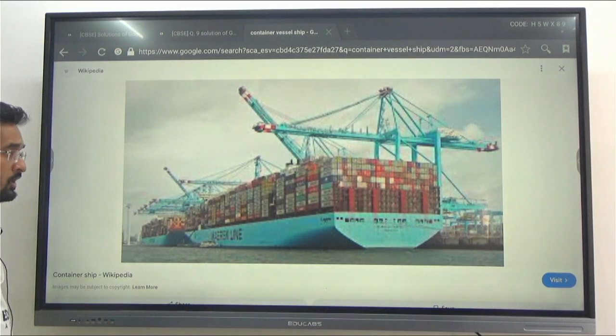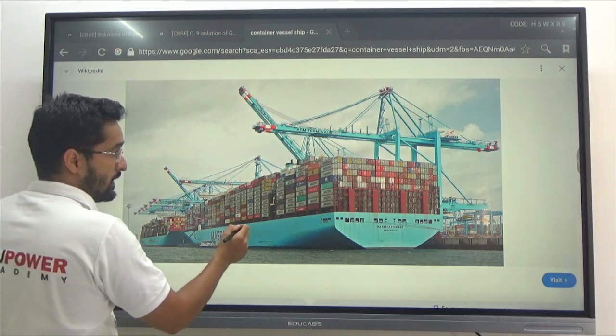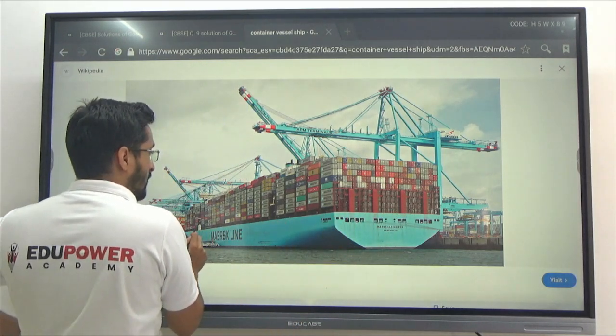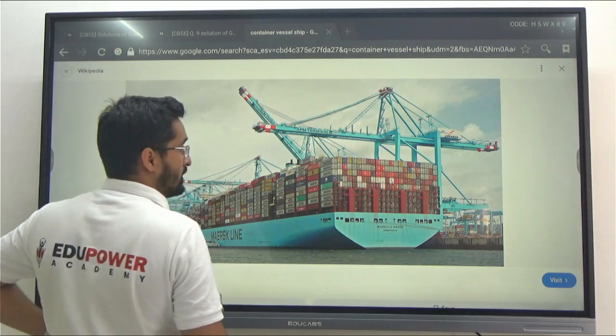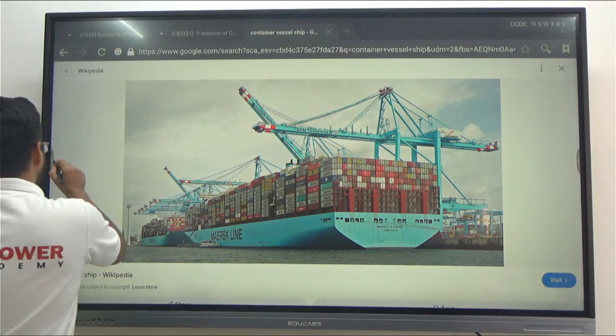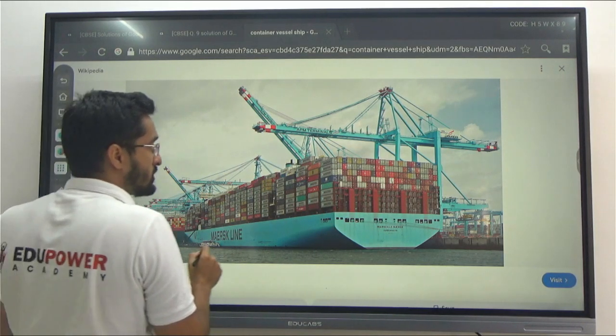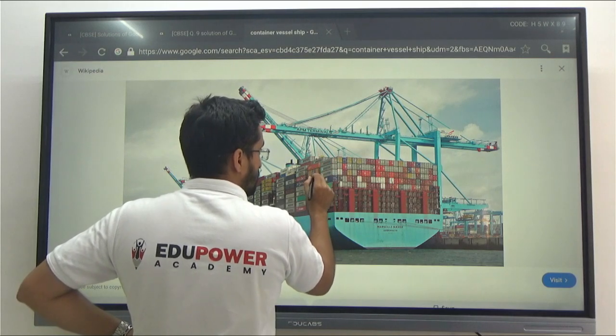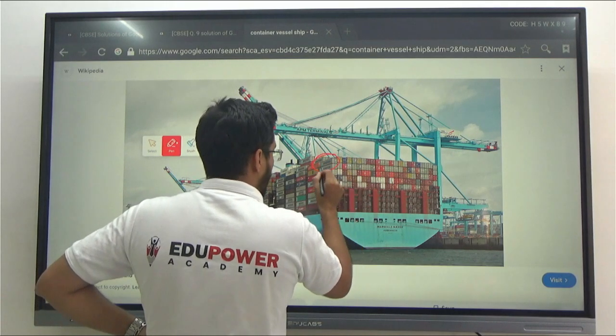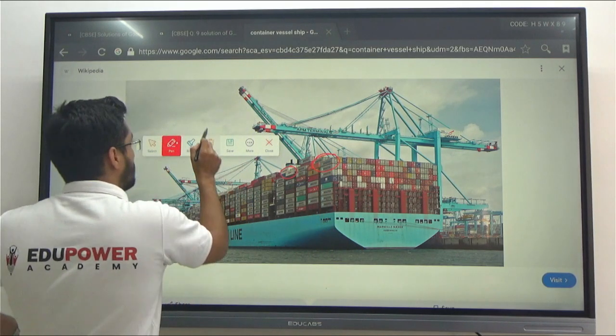These big ships have huge carrying capacity, and they carry something called a container. What you are seeing here is a container, and with the help of this container, you can import and export whatever goods you want.